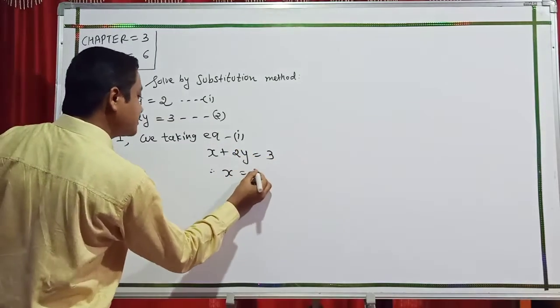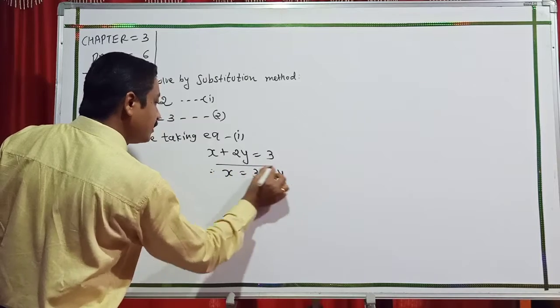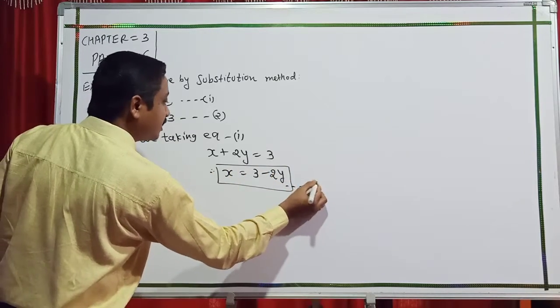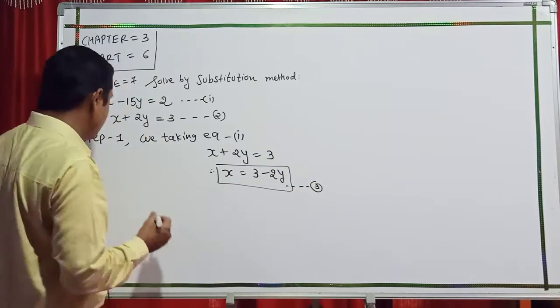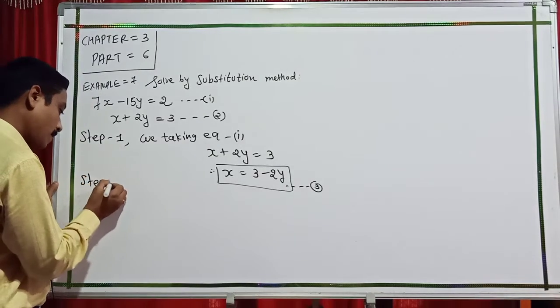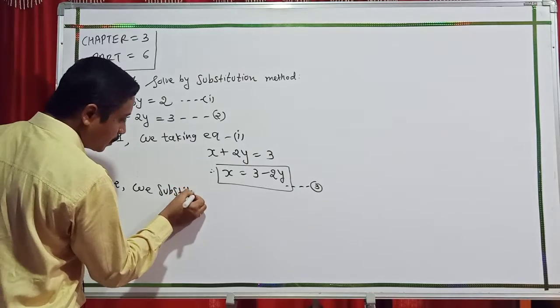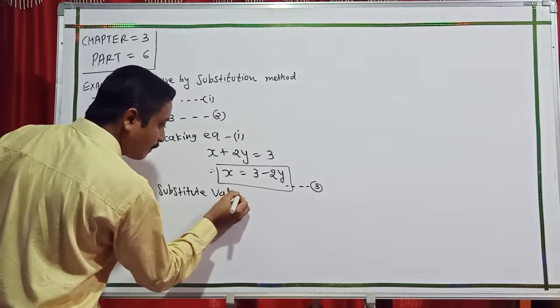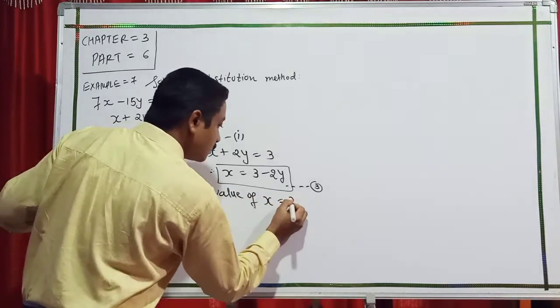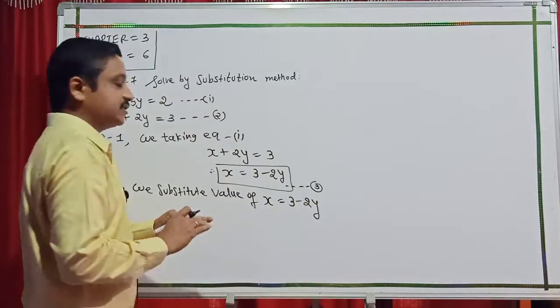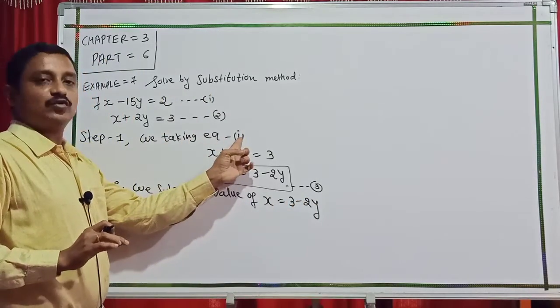Yes, so what is x? x is 3 minus 2y, and we call this statement number 3. Continue. Now step 2, we substitute the value of x, 3 minus 2y. Yes students, this value I am taking forward to equation 1.